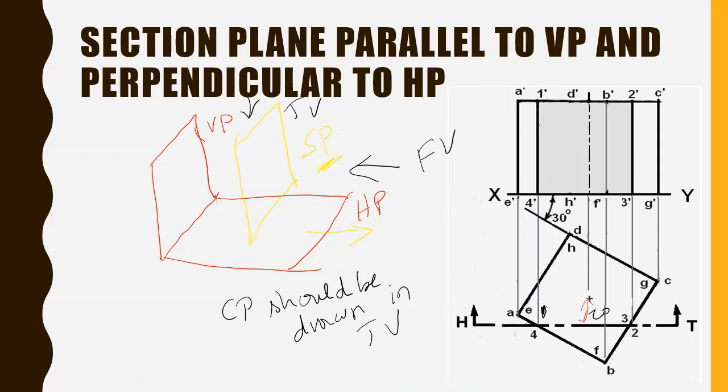So on this, you are just introducing the same lines that have been cut through the front view diagram. So this is your front view and this is your top view. You are just projecting all the cutting lines into the front view diagram, and you are introducing the 4 dash and 1 dash like this, and then 2 dash and 3 dash in this way, right? Like 1 dash, 4 dash and 2 dash and 3 dash.